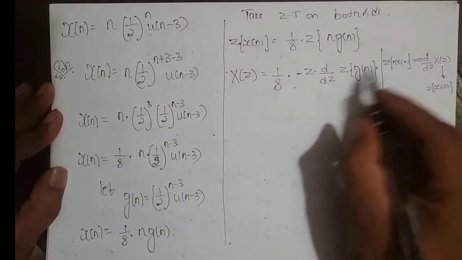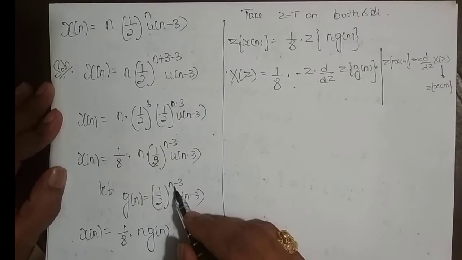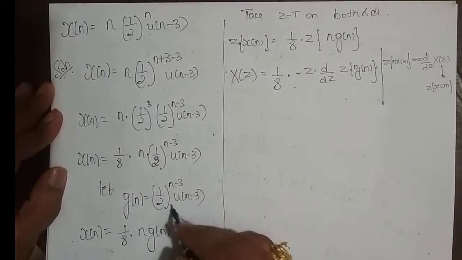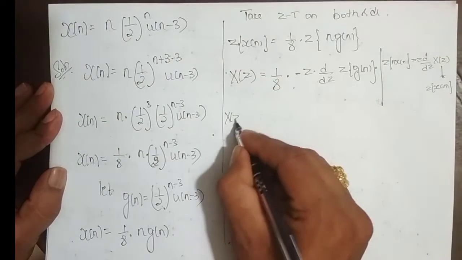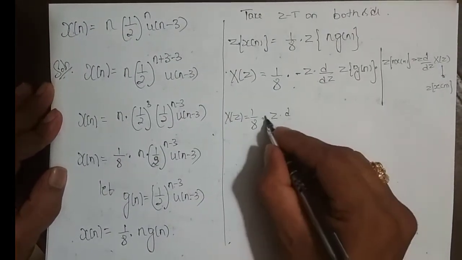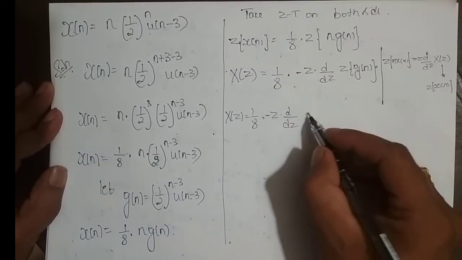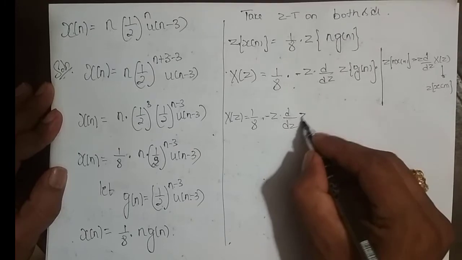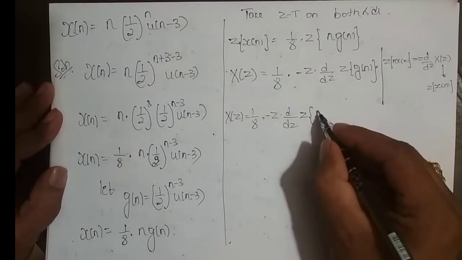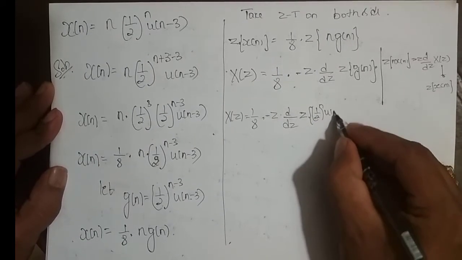Fine. So what is g of n? g of n is 1 by 2 power n minus 3 u of n minus 3. Here I can use the time shift property, right? So x of z is equal to 1 by 8 into minus z into d by dz of, I can write it as Z transform of the unshifted version of the signal, which is 1 by 2 power n u of n.